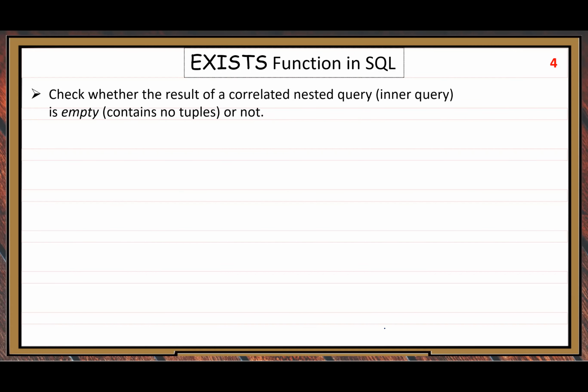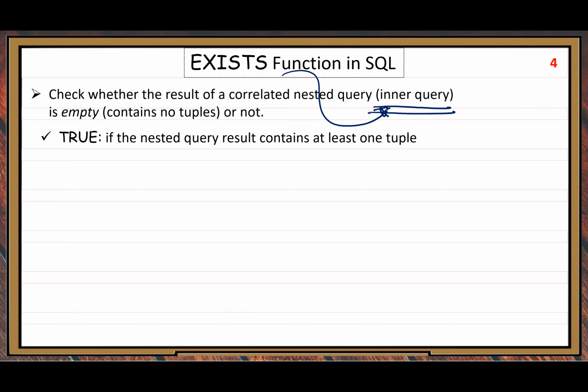Check whether the result of a correlated nested query. So we have an inner query, and this exists function mainly applies to the inner query. We want to check whether our inner query result is empty or not. So simple, easy to understand, but very powerful.